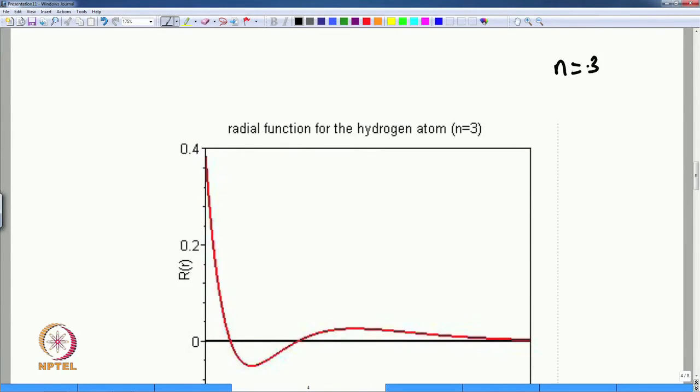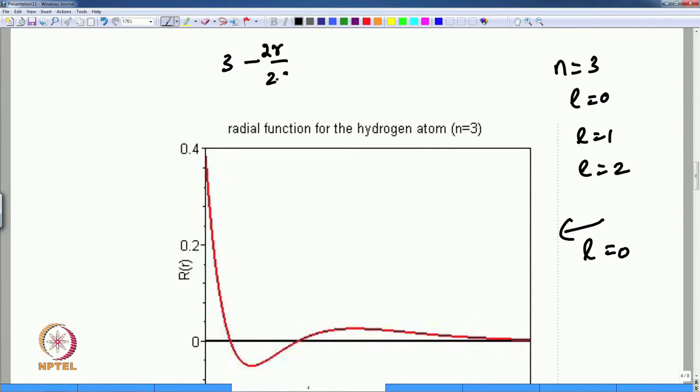N is equal to 3 has 3 possible functions, namely L equal to 0, L equal to 1 and L equal to 2. This one is L equal to 0. The form of the radial function is essentially (3 minus 2 r by a naught plus 2 r square by a naught squared).